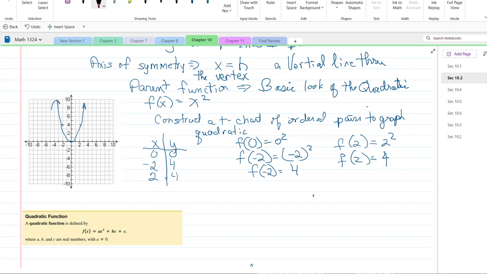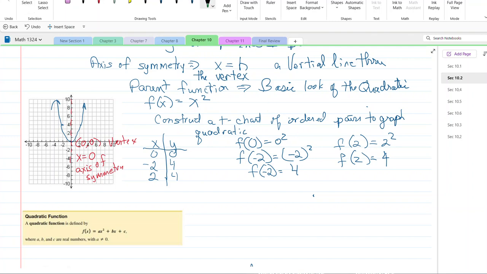All right. Well, we said we had x equals 0 is the what? Axis of symmetry. And the vertex is 0, 0. And what can we say about this guy?